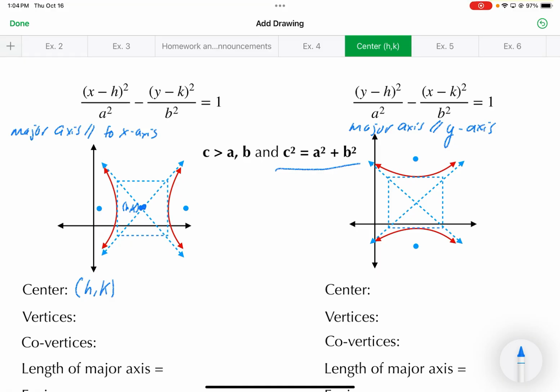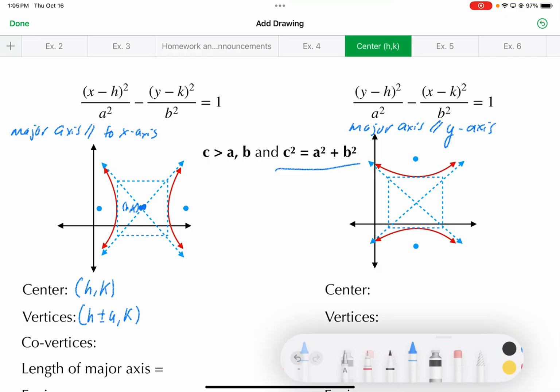So my x value is going to be something, and then my y value is going to be k. Now, how do I find the x coordinate of my vertex? I'm going to start with h, right? h plus or minus what? Good. And then k. So those would be my vertices. (h plus or minus a, k).